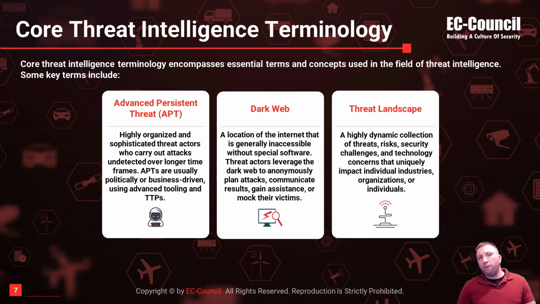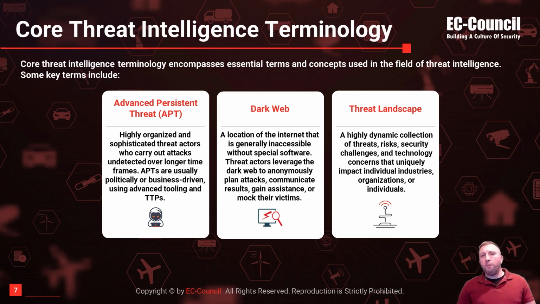The dark web is the portion of the internet where cyber threat actors, advanced persistent threats, this is where they congregate, and they may seek assistance from other outfits or threat actors. They may sell victim information on the dark web, and they may either sell or obtain tools and services to perform specialized attacks against certain organizations.